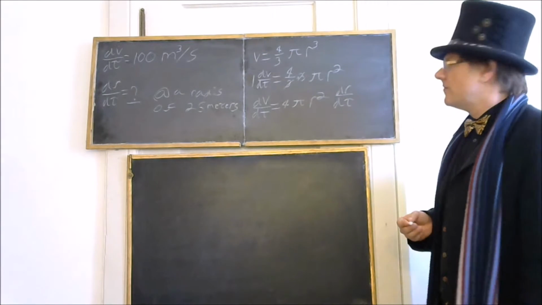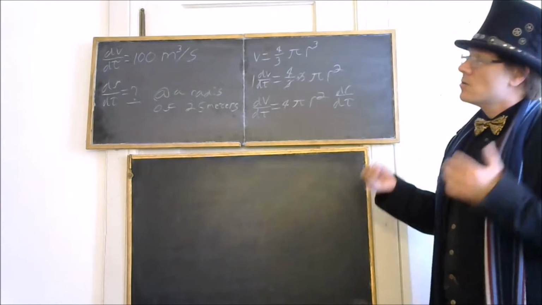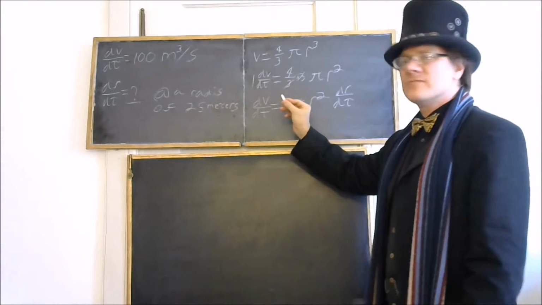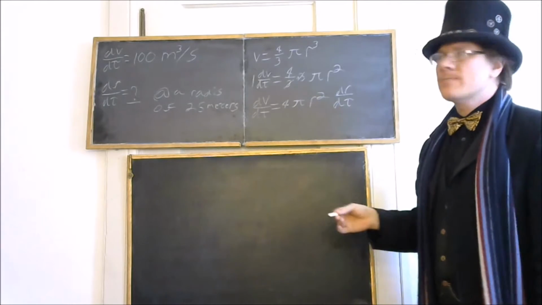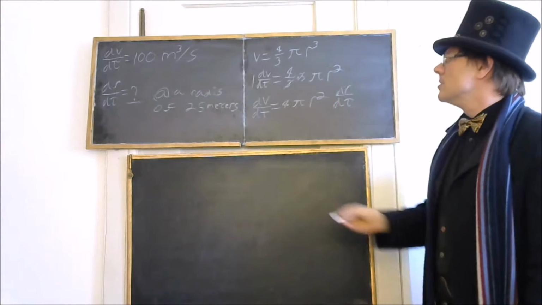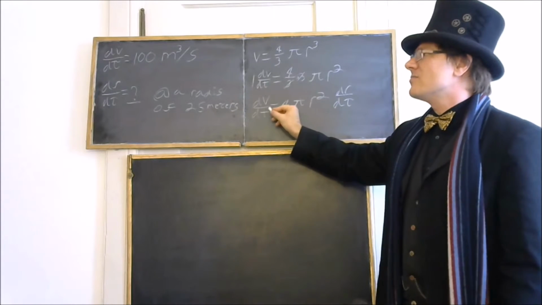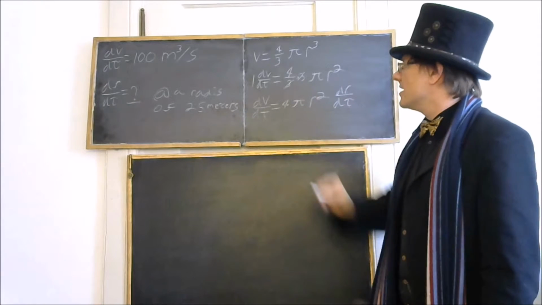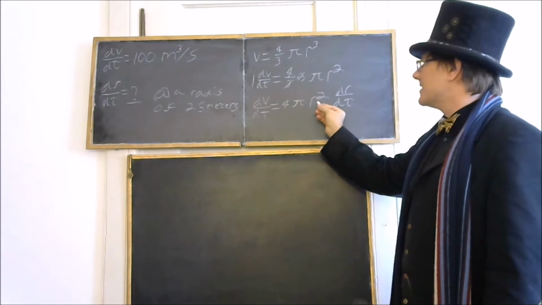Now where do we go from here? Well, we know what dV/dt equals, right? We know that the rate of change of volume with respect to time equals 100 cubic meters per second. So in place of this, we can just plug 100 cubic meters per second into that, and we know what the radius is.